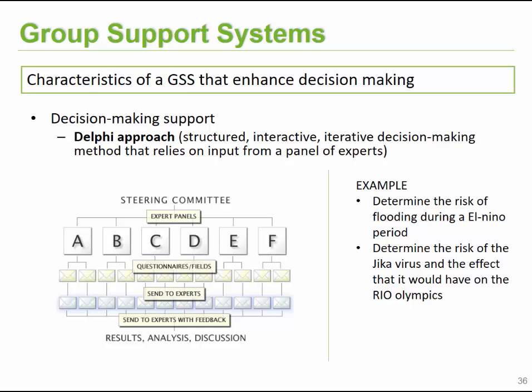They would call in a panel of experts, and the experts would guide them in coming to a conclusion. For example, determine the risk of flooding during an El Nino period. So we would have various weather experts. They would tell us what El Nino is, what are the ideal situations for this to occur, and what are the things that we need to look out for.